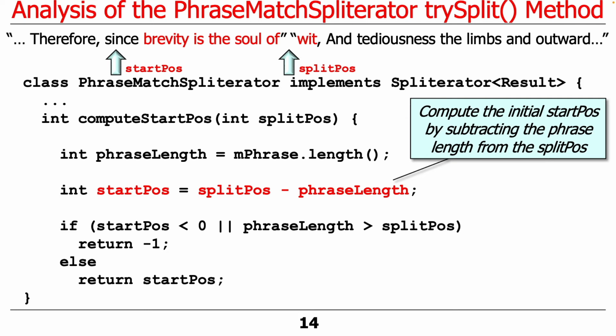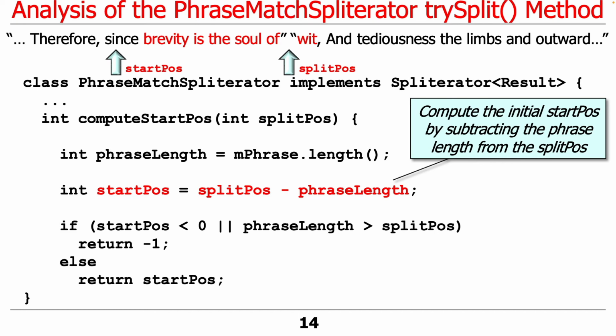So here we go. Let's say, for sake of argument, that we had Hamlet, and for some reason, halfway through Hamlet was "of", and the second half starts with "wit". So if this is the guess we made, we have the start pos and the split pos. So here's the split pos right there. That was our initial guess halfway through. We compute the start pos, which is then some number of bytes back.